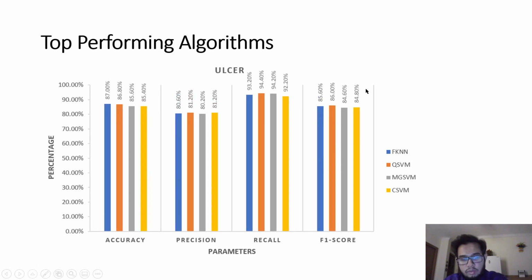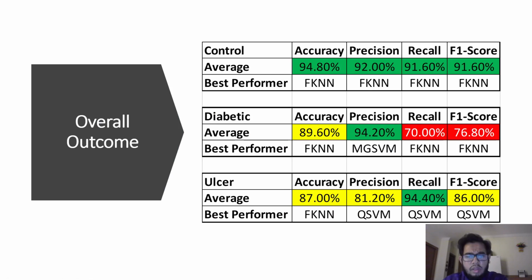If we summarize the performance for all the algorithms, for the control class the average performance was more than 90%, and the best performance was FKNN all the time. For diabetic, the recall and F1 score performance was bad, but accuracy gave a medium performance.